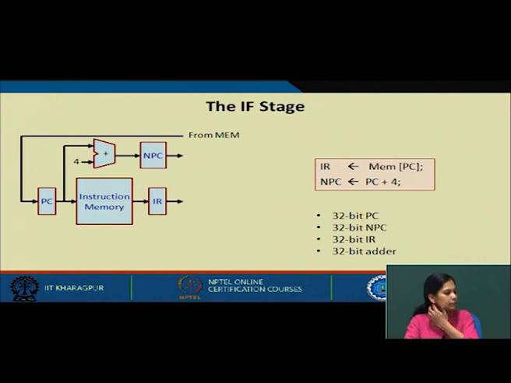In the instruction fetch stage, from the memory, the location pointed to by the PC, we will fetch the data and put it in IR. At the same time, PC will be incremented by 4 and stored in NPC.